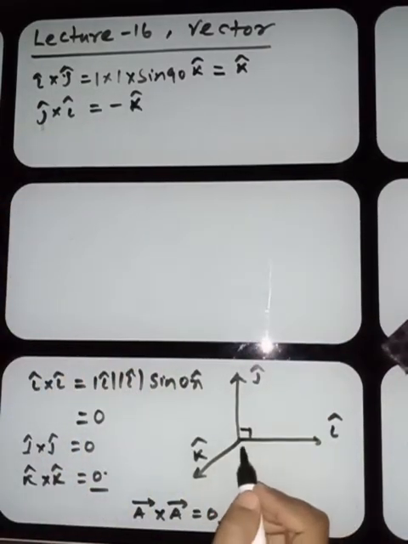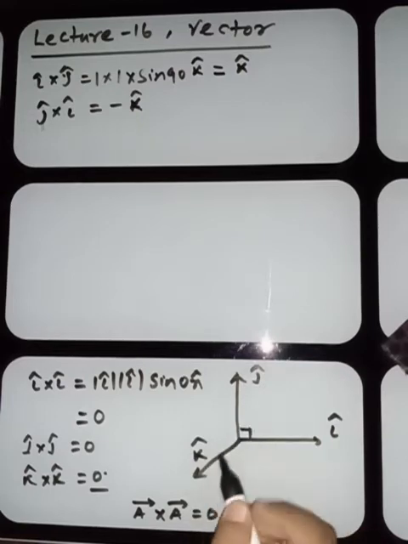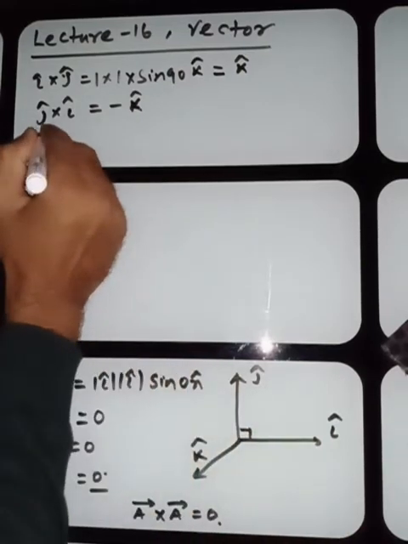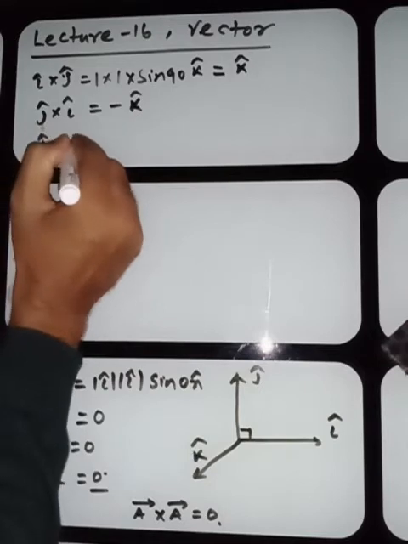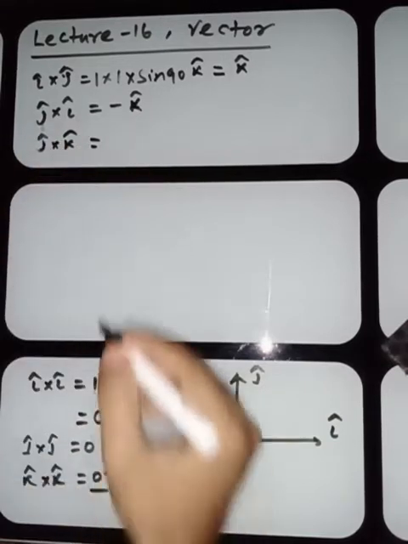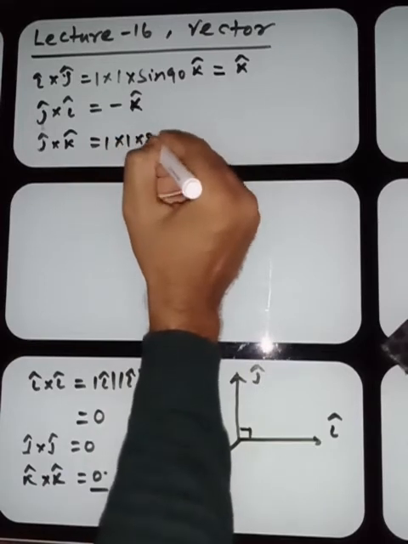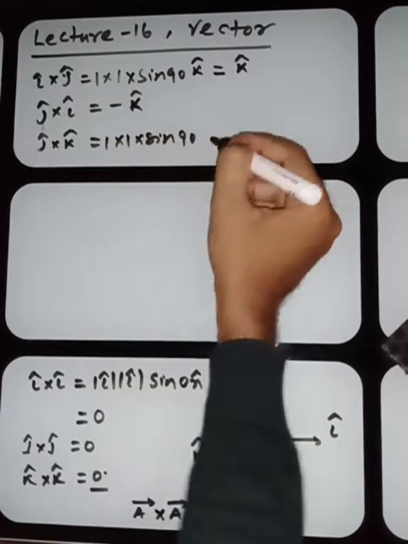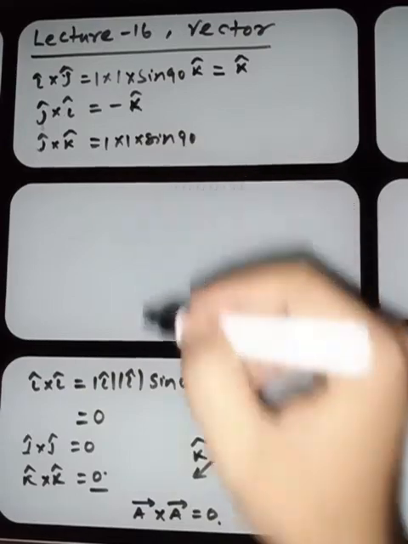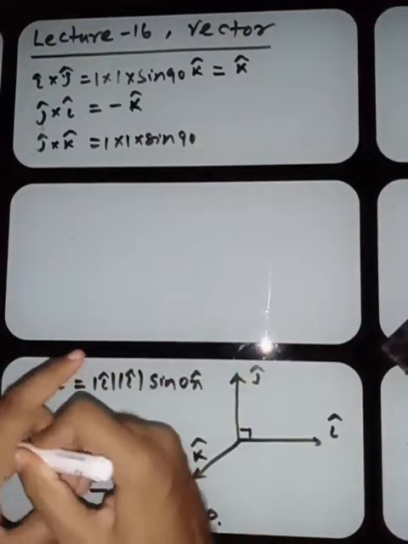What will be j cross k? Okay, j cross k. Try to find it, my dear students. Here the magnitude of j will be 1, k will be 1, and the sine of the angle 90 degrees. All right, now let me find out the unit vector, that is n cap.